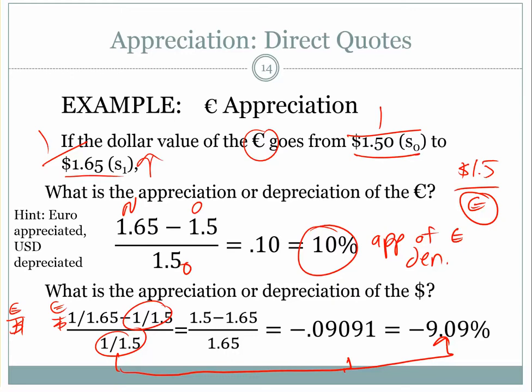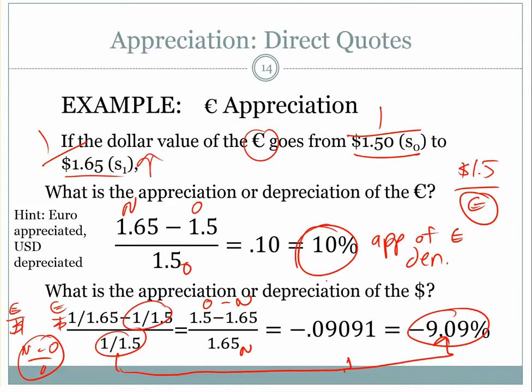Now, it just so happens mathematically that if you don't feel like flipping the exchange rates, instead of taking new minus old over old after flipping all the exchange rates, which gives you the appreciation of the numerator currency, you can just take old minus new over new exchange rates. That'll tell you what happened to the euro.